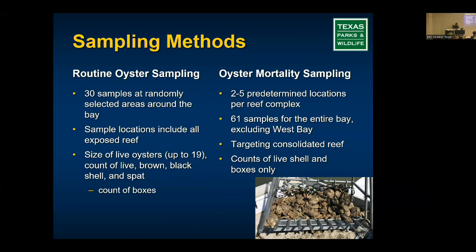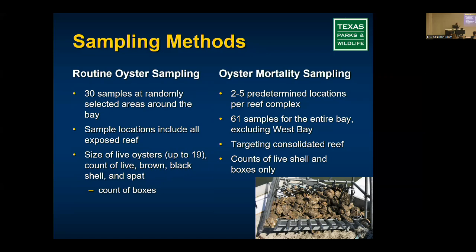These sample locations include all known reef and is not restricted to only harvest areas. Data collected includes measurements of up to 19 live oysters, as well as counts of live oysters, brown shell, black shell, which is buried shell, and then spat, which are those baby oysters that have just recently attached. And then we also record the number of boxes in each sample.